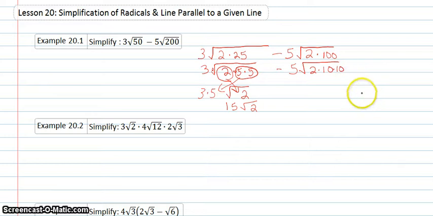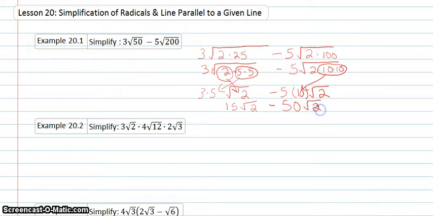Now we can continue factoring, looking for groups of 2, but I already see 2 10s right here, so I'll go ahead and take a 10 out, and it will multiply by the 5 that's on the outside. And the 2 is staying under the radical again. So it's minus 50 square roots of 2.